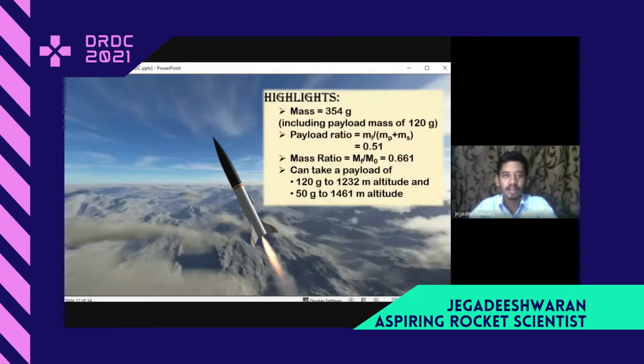This is the design that is proposed by me. The mass of the rocket is 354 gram, including the payload mass of 120 gram. The payload ratio is very high, and the mass ratio is very less, which is desired in rockets. So it can take a 120 gram payload to 1200 meter altitude and 50 grams to 1460 meter altitude.